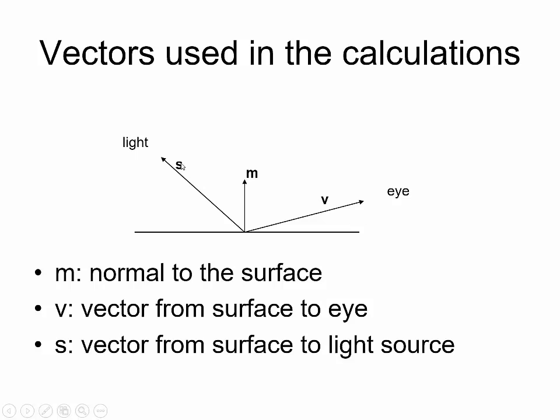We're just saying if light were to shine straight onto the surface, we would get a lot of intensity. So if S and M were parallel, we'd like to get the intensity 1. If, however, the light is way over here and S and M are perpendicular to each other, we can say the light is kind of missing the surface.